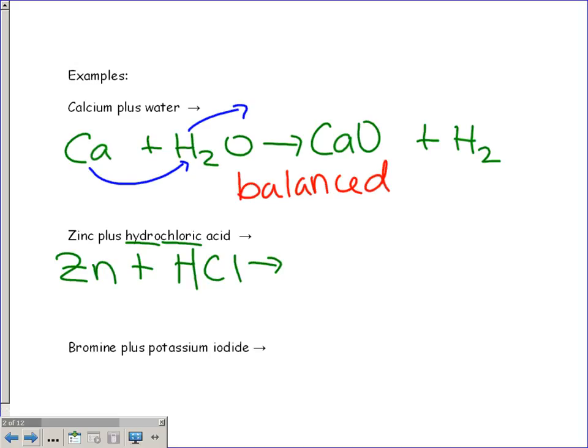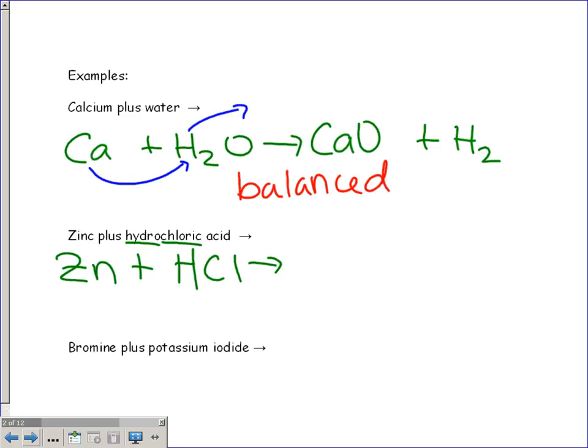And I know that I'm using the activity series of metals because zinc is a metal. So on my activity series of metals, is zinc listed above H2? Well, zinc is in the second block. It's the fourth down in the second block. It's between manganese and chromium. And it is listed above hydrogen.